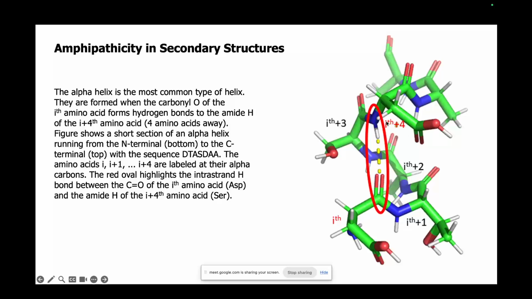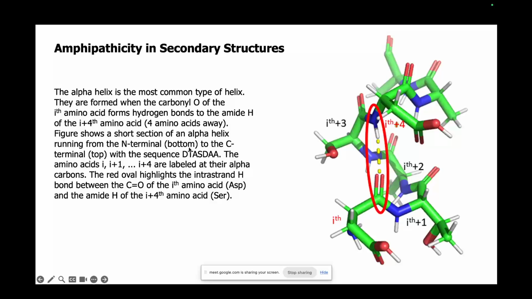So this is the I plus fourth amino acid, and this is the ith amino acid, and they form this particular helical structure. So this is I plus one, I plus two, I plus three, and I plus four. The I plus fourth amino acid will form a hydrogen bond with the ith amino acid.